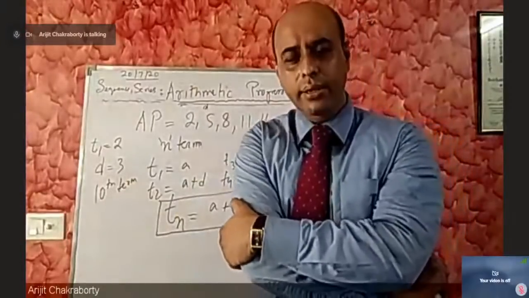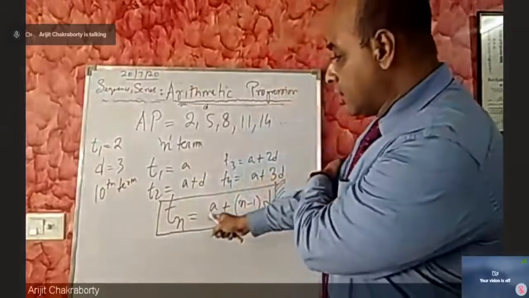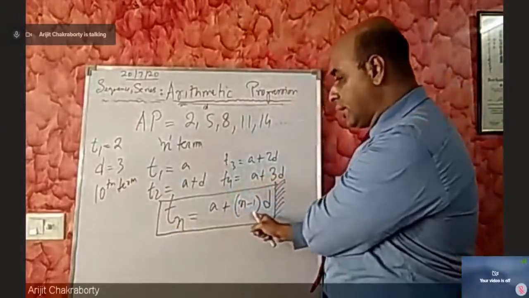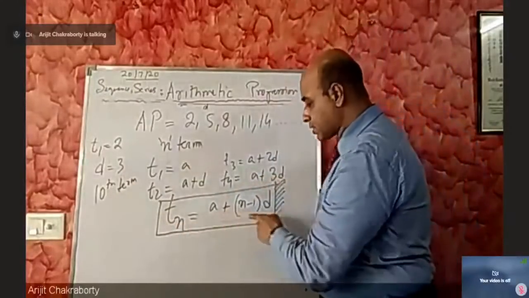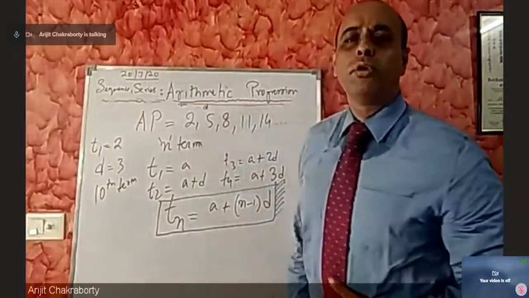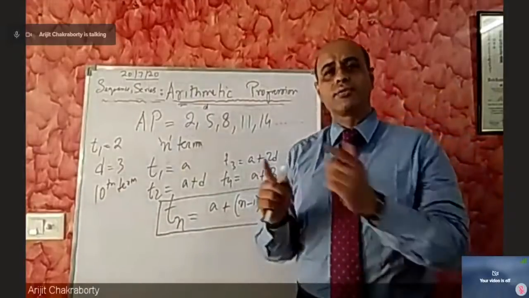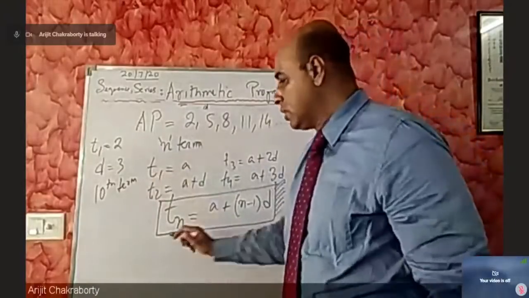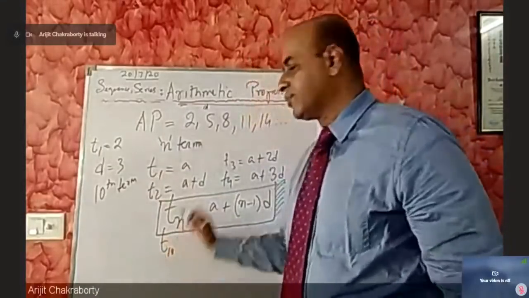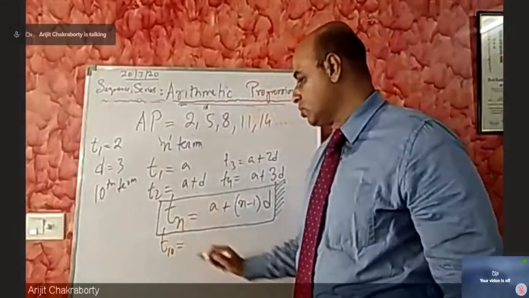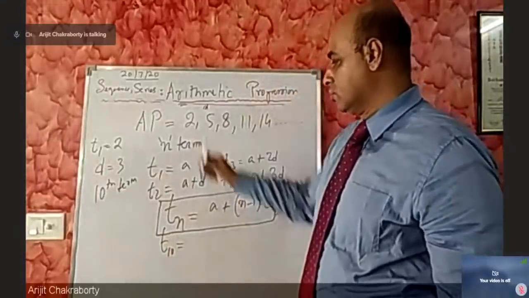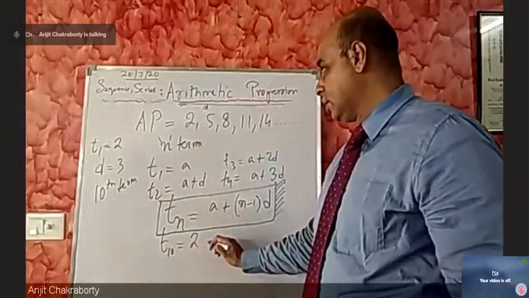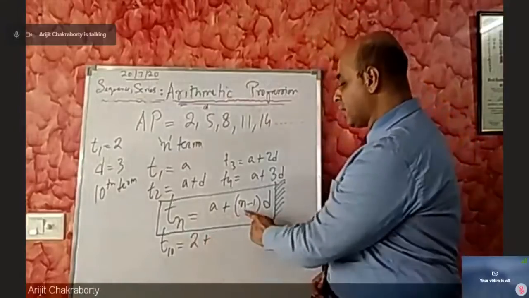Yes, we can. Here the formula Tn, A plus n minus 1 D, will help us. So T10, that is the 10th term, will be equal to A, which is 2, plus n minus 1.